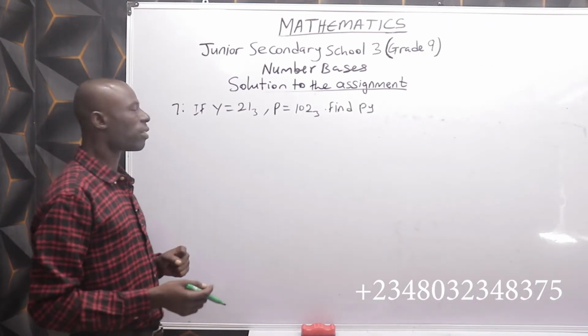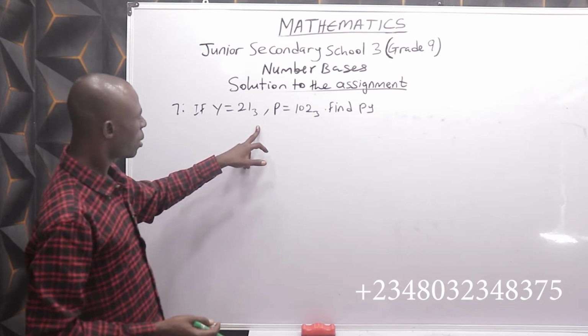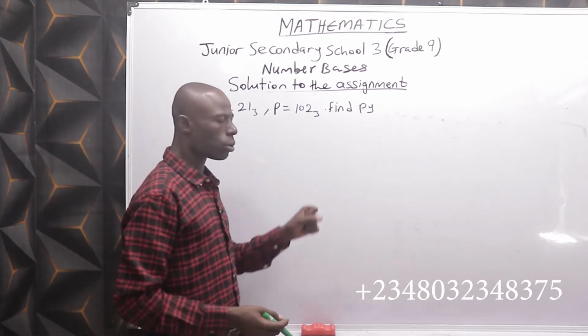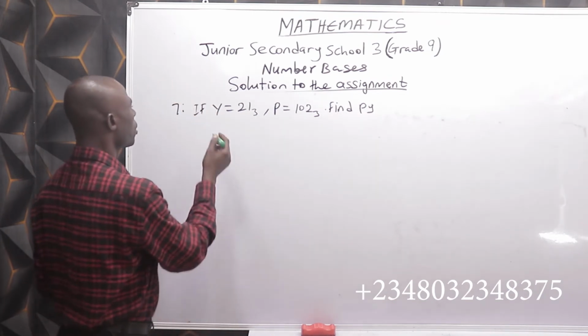Let's consider question 7. If y is equal to 21 base 3, p equals 102 base 3, find py. That is multiplication.